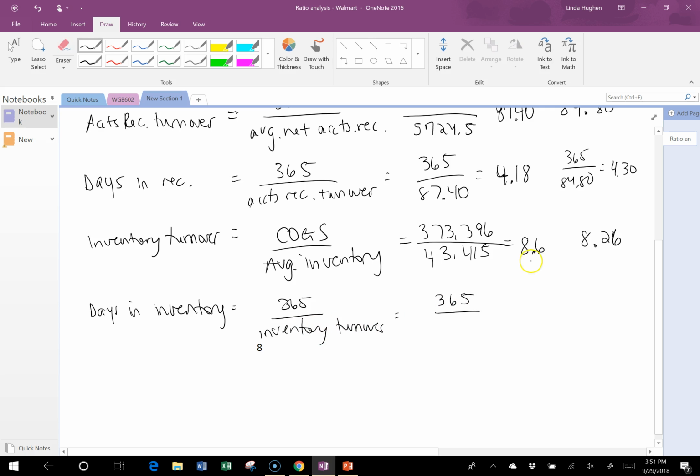So for the most recent year, we're going to take the 365 divided by this 8.6, which works out to be 42.44, and we can easily calculate it for last year or look simply at the Morningstar information and get that days in inventory last year was 44.19. So we can see compared to last year and the current year, or the most recent year, Walmart's inventory is spending less days on the shelves, so that is some improvement over the prior year.